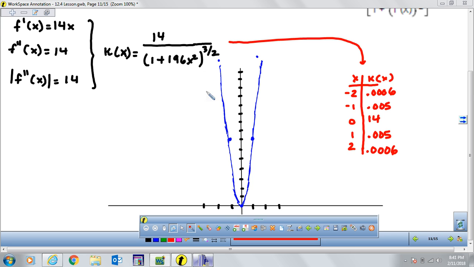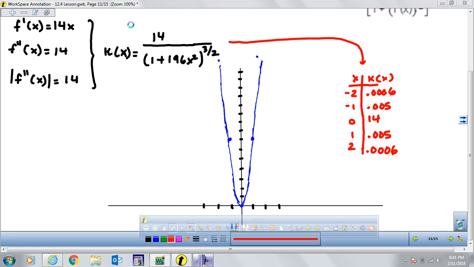Where is it that this function is curving the most? It is curving the most right here in the middle, right close to 0. Where is this function curving the least? Right on the edge. Right here we can almost say that it is vertical at these edges. As it approaches 0, the graph is starting to curve more and more from both the left and from the right.